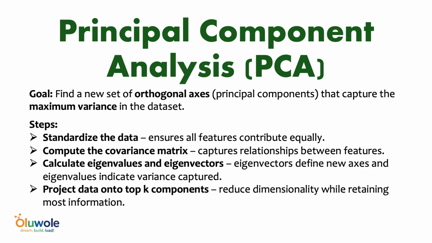You remember standardization, sir? Standardize the data. Do you remember standardization that we did during our DSA? So you ensure that all your features are contributing equally. It's either we reduce to 0 and 1, or we use the mean and standard deviation. Then we can compute what you call the covariance matrix.